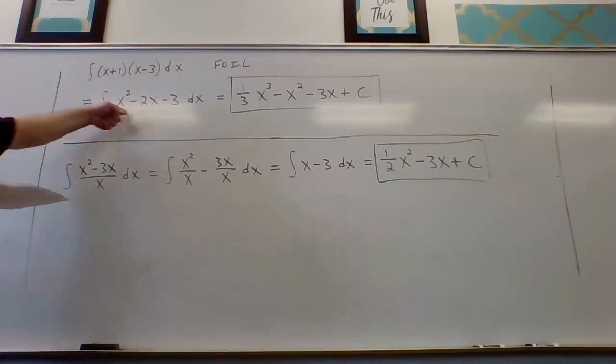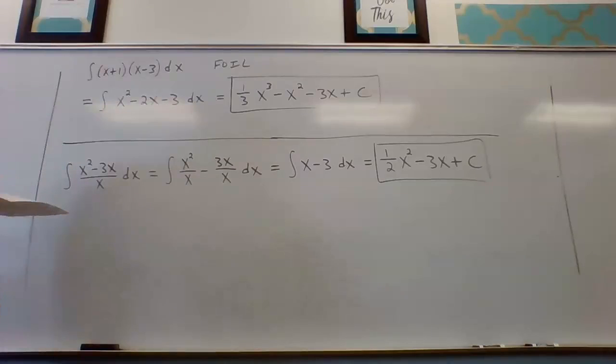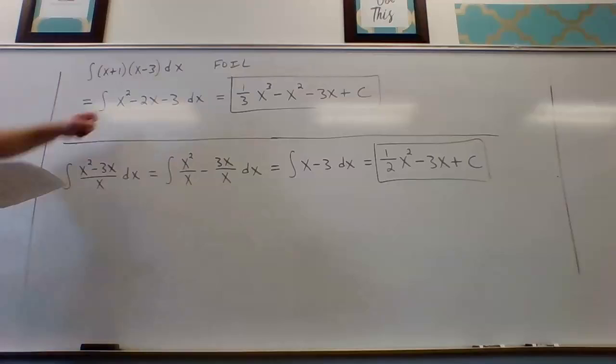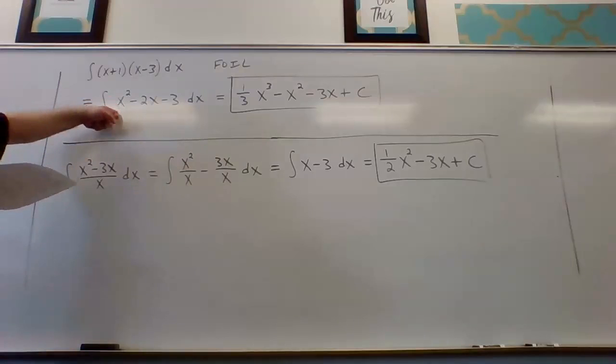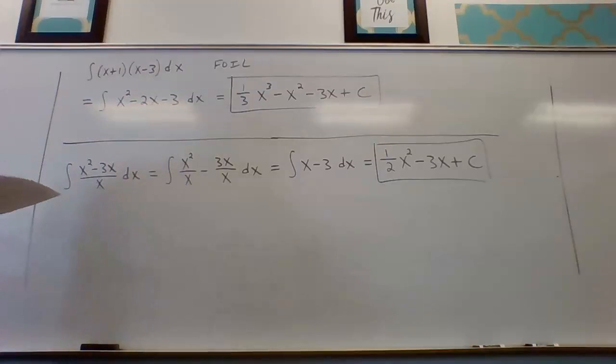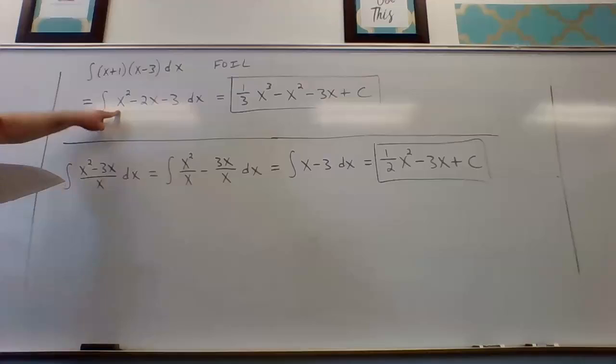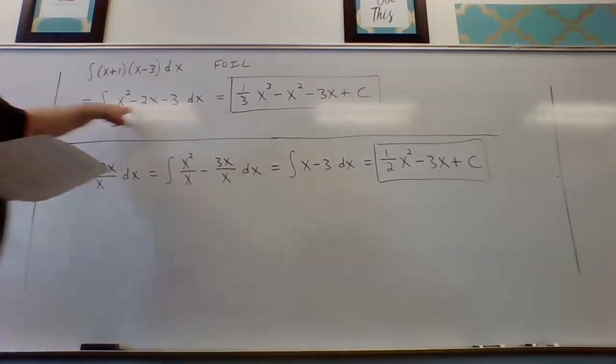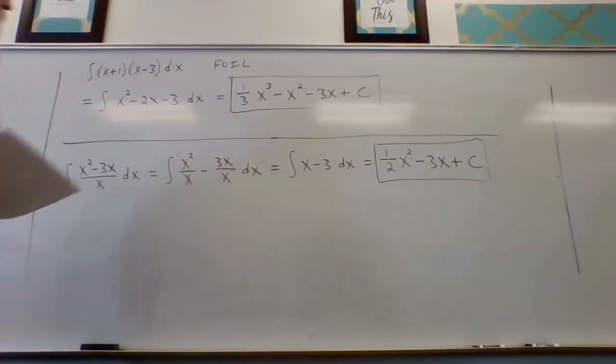And now we can find the antiderivative of x squared minus 2x minus 3 using Rule 4, okay, that we're learning here. So we can find the antiderivative of this function by anti-differentiating it term by term. The antiderivative of x squared is 1/3 x cubed.